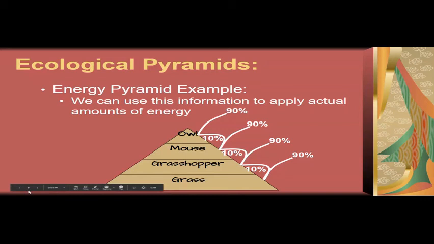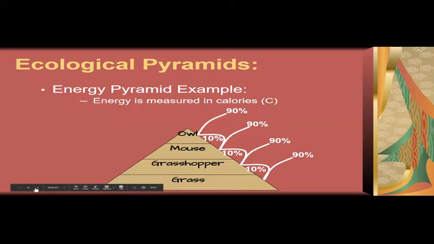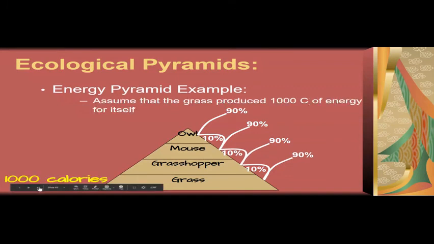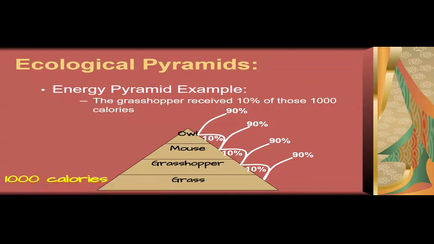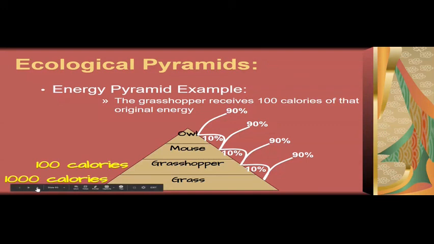Now we can use this information to apply actual amounts of energy. Energy is measured in calories. Assume that the grass produced 1,000 calories of energy for itself. The grasshopper received 10% of those 1,000 calories, which means the grasshopper receives 100 calories of that original energy.